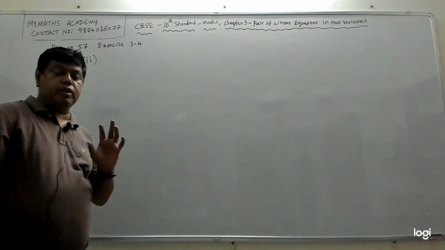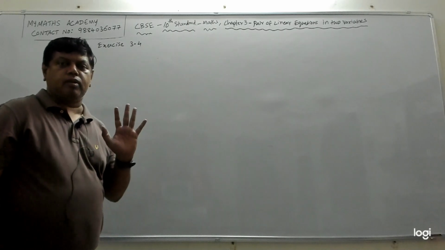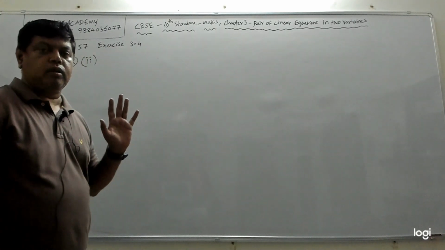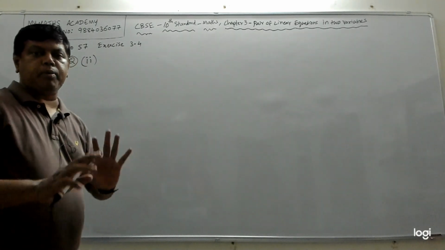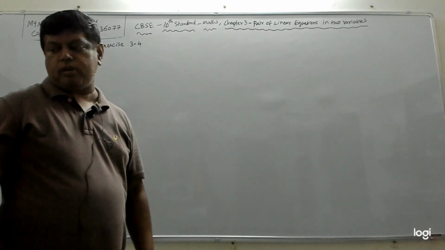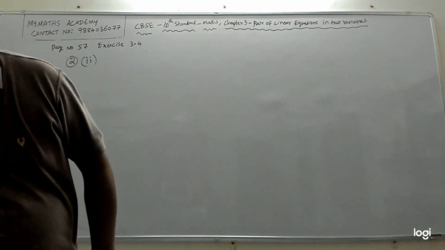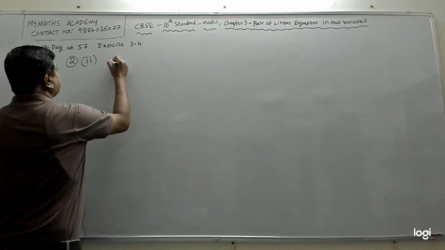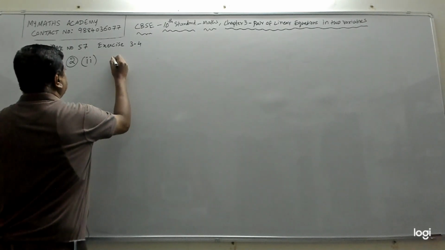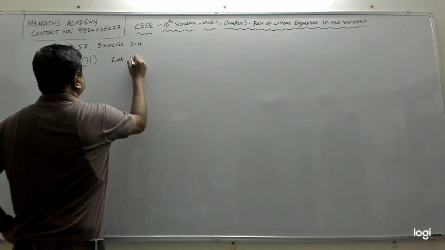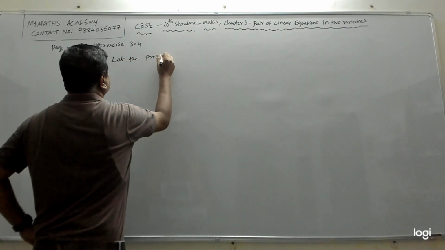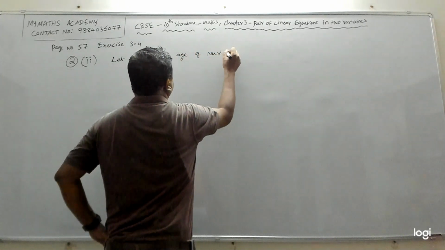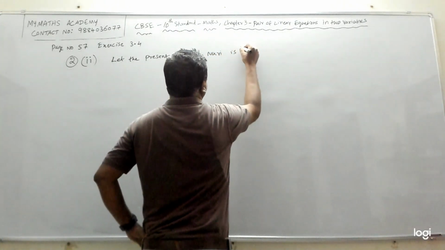The moment you see this is an age problem, we should immediately write the present ages of the given people. Who are the two people in this problem? Noori and Sonu. So we take their present ages as x and y. Let the present age of Noori be x years.